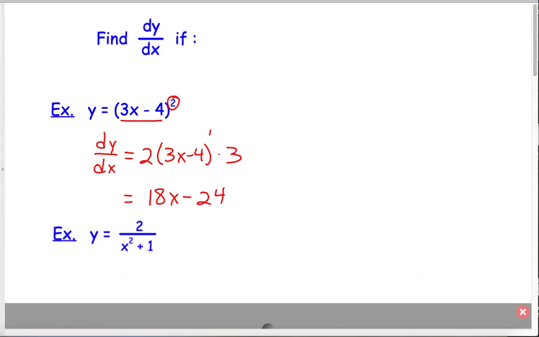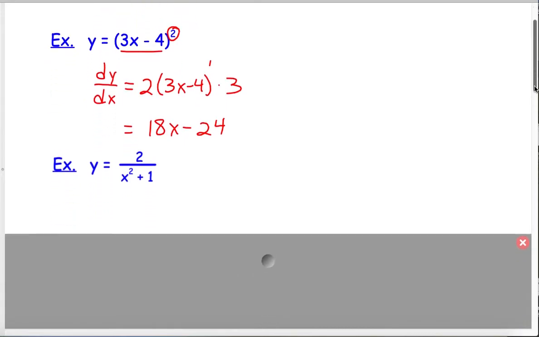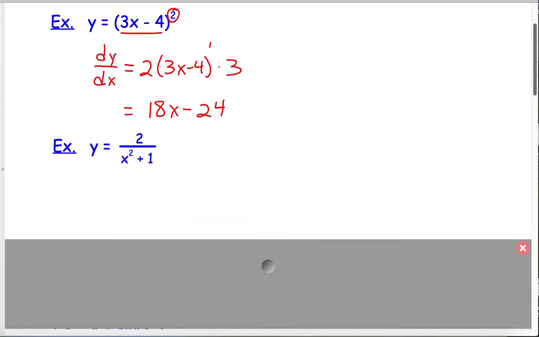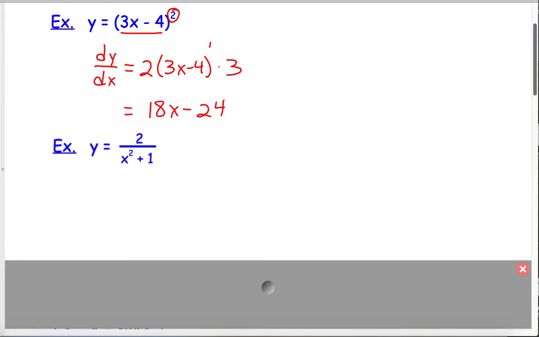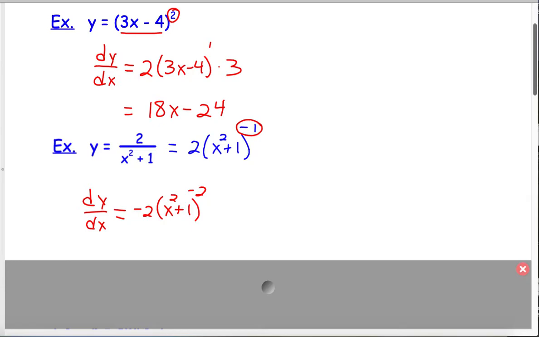Let's try some more. How about the derivative of this one? You want to look at this and see two different functions. So I see this as 2 times (x squared plus 1) to the negative first power. First I want to take care of the outside function, and that's the negative first power. So the derivative of that with respect to x is going to be negative 1 times the 2, and then (x squared plus 1), and we subtract 1, so it's going to be the negative second power.